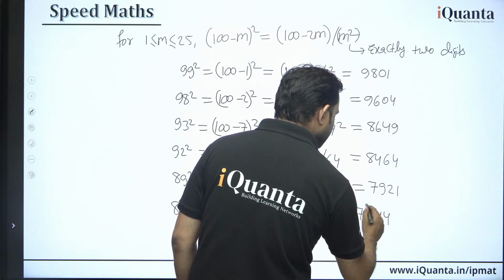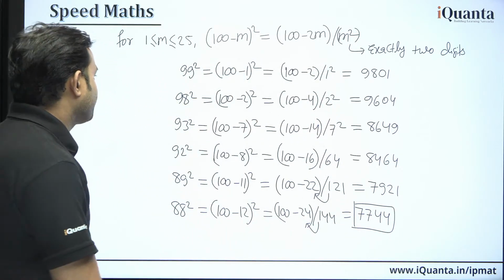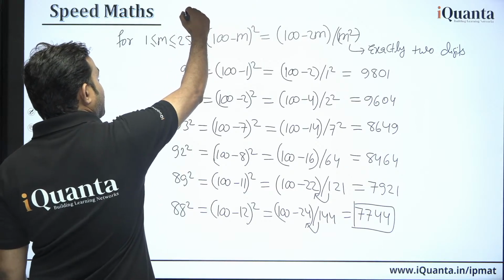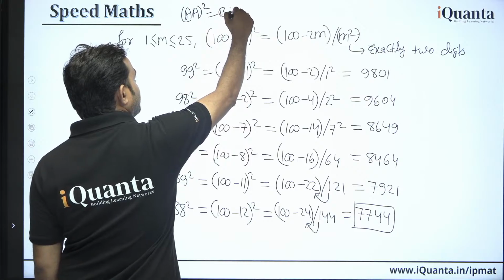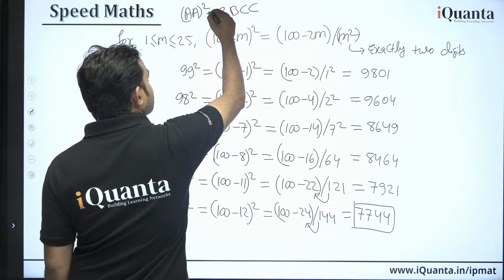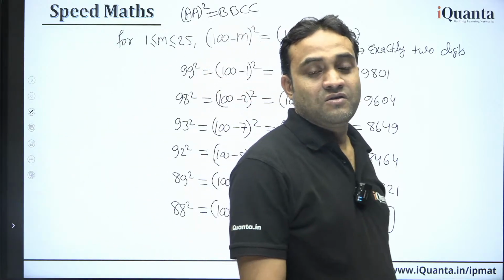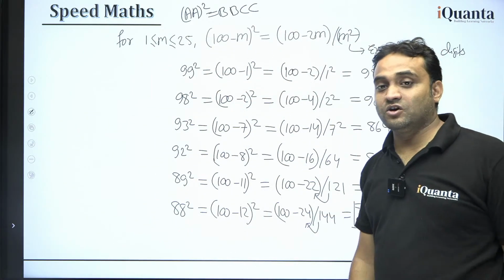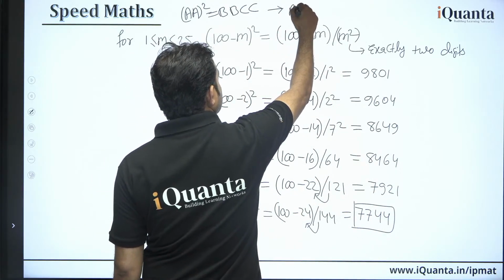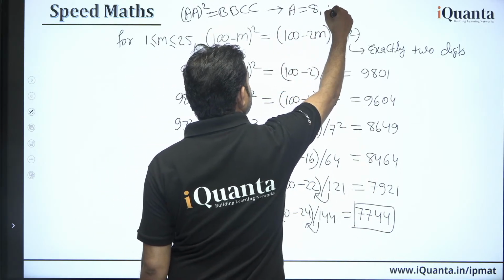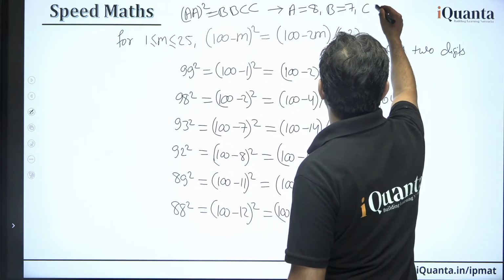Now again, another interesting number. If you ever see that a square is equal to AABBCC, where A, B, C are non-zero digits, then there is only one possibility that A is equal to 8, B is equal to 7 and C is equal to 4.